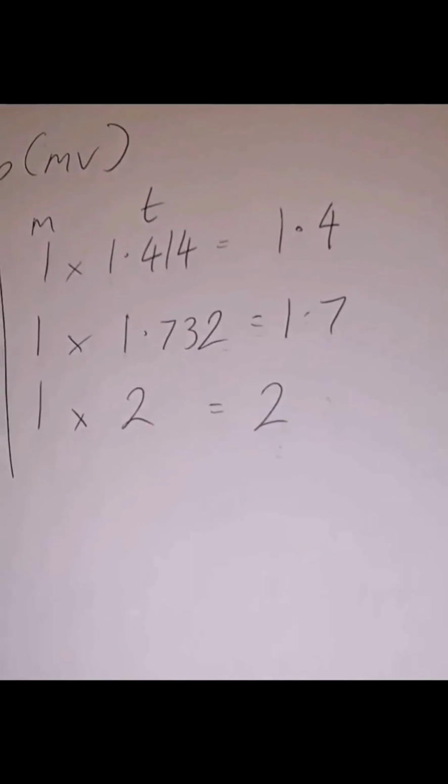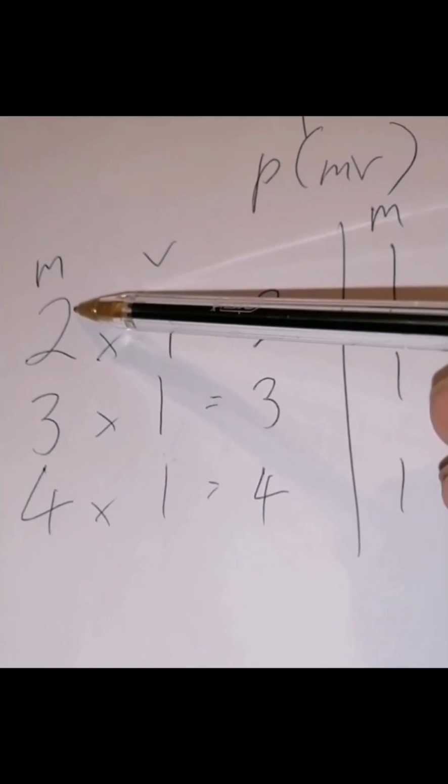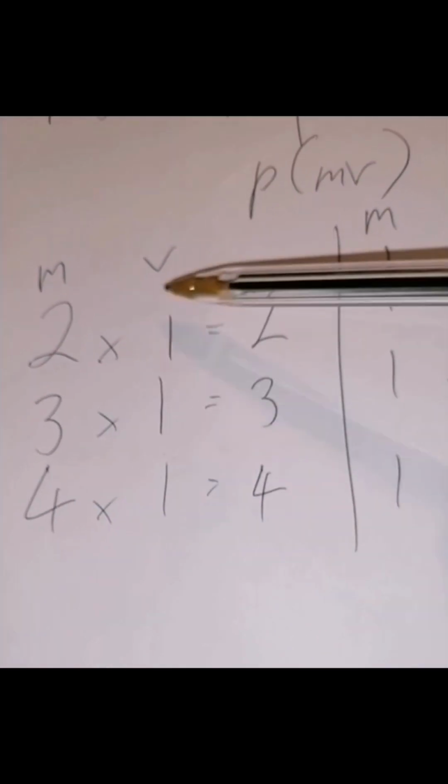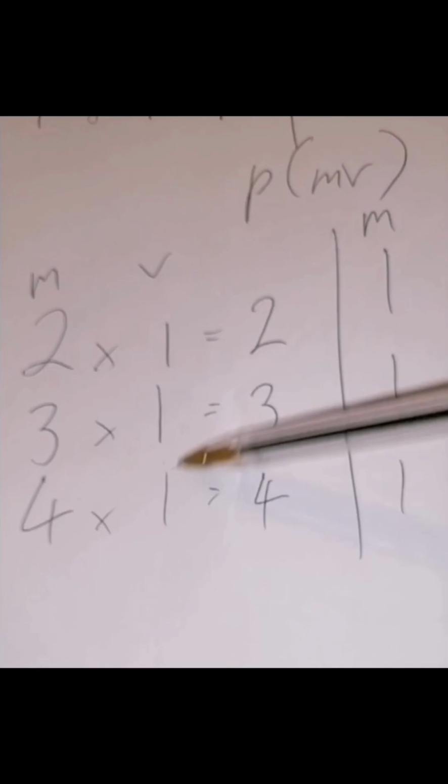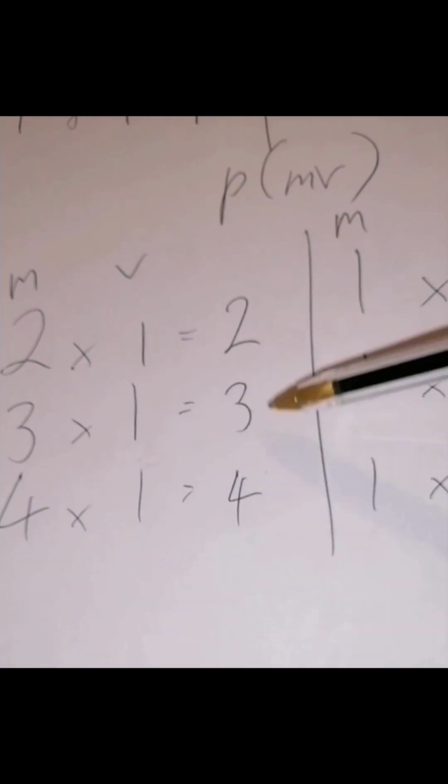We'll just look at that in terms of momentum. In terms of momentum, we've got the 2, 3 and 4 mass dropping at 1 unit of velocity. So again, we get 2, 3 and 4.